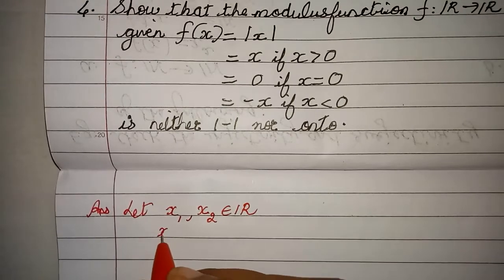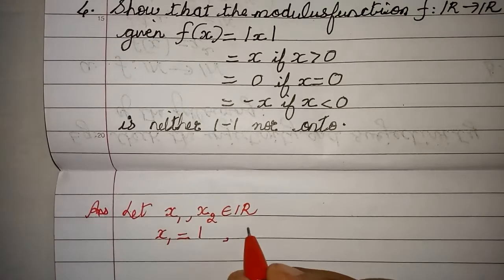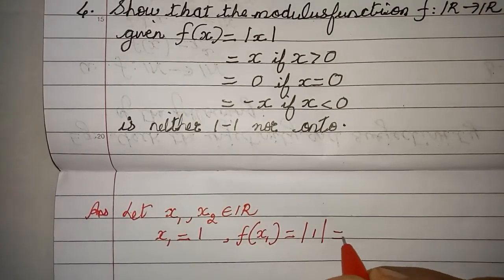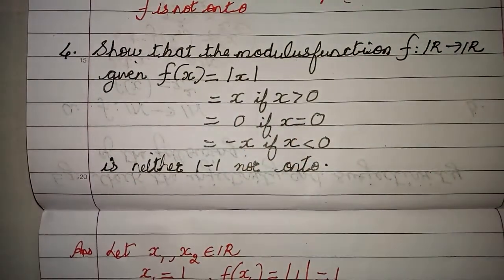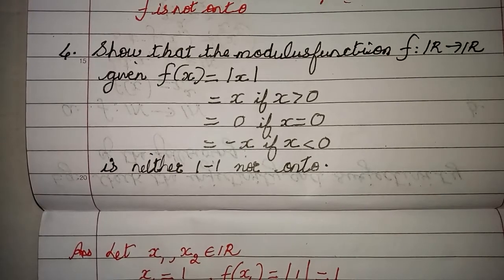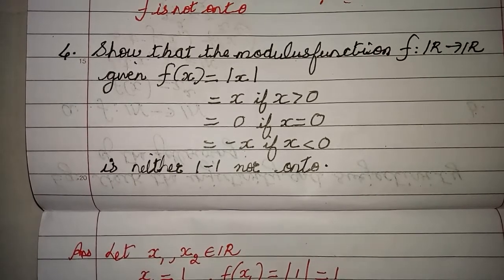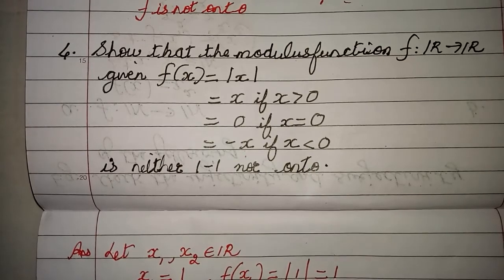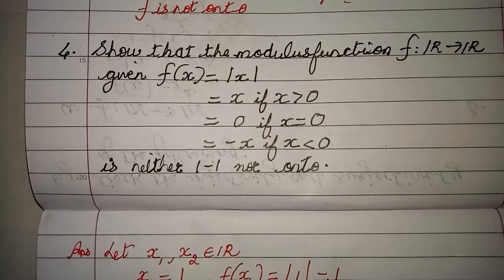So suppose x1 is 1. What is f of x1? f of x1 will be modulus of 1, which is 1, because the definition says it will be x if x is greater than 0. If I take x2 as minus 1, children, what will happen? f of x2 will be modulus of minus 1, right? By definition it is minus of x2, so it is minus of minus 1.